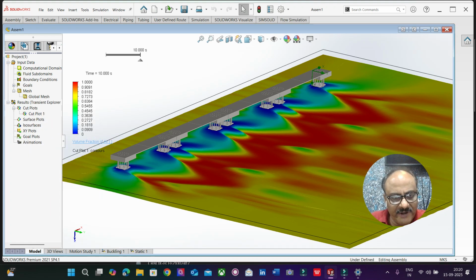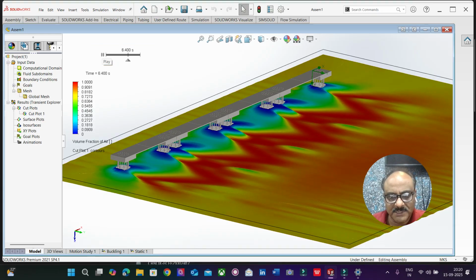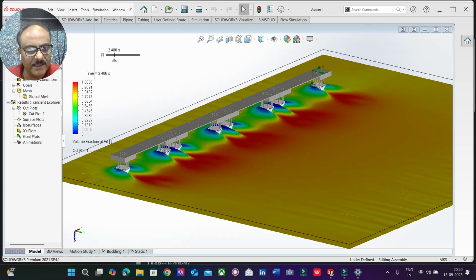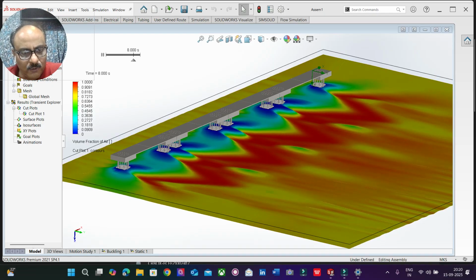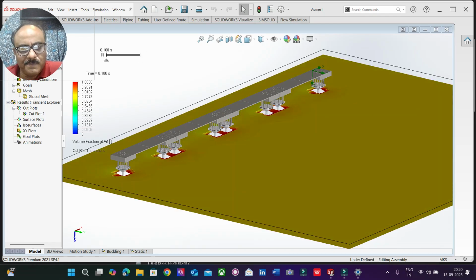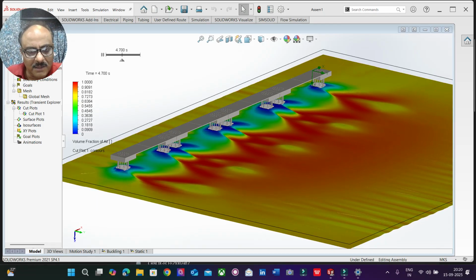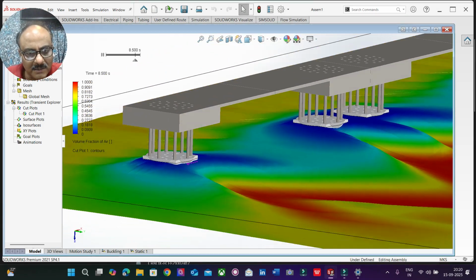So this is the volume fraction of the air. This is how the volume fraction of the air is calculated. You can see the flow from the upstream, how the flow is going through the pier.